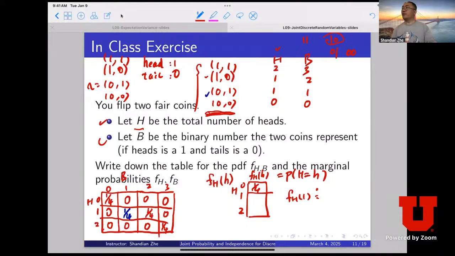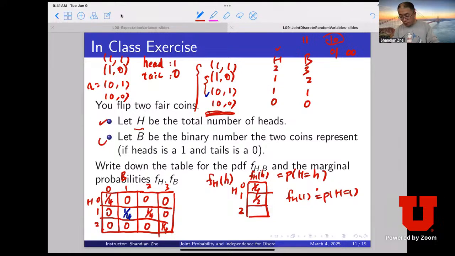Yes, exactly. Here we need to be a little more careful, because when we calculate the probability that H takes 1, this event actually includes 2 outcomes, 1, 0 and 0, 1. They both give 1 head in total. So the probability will be 1/2, right?